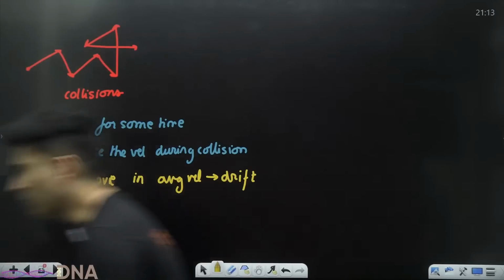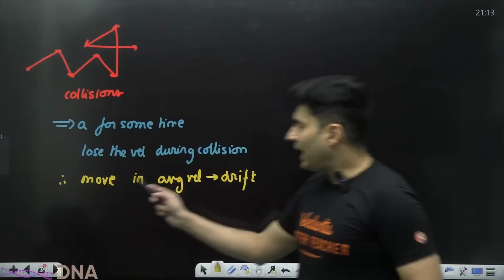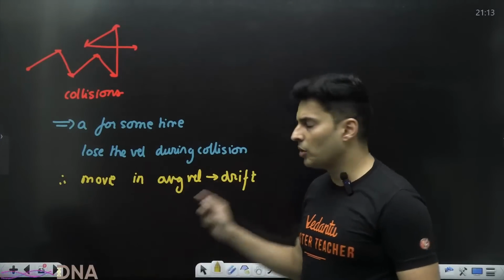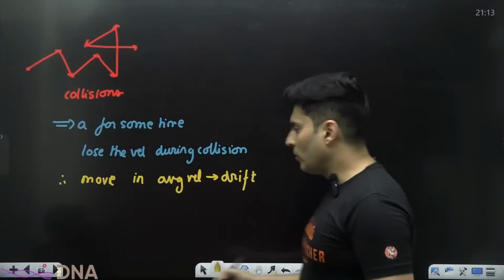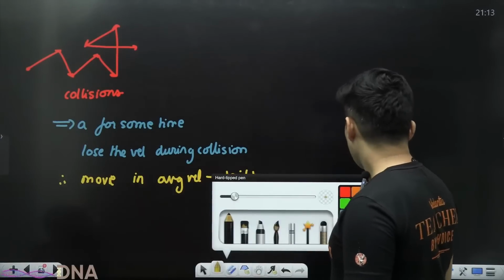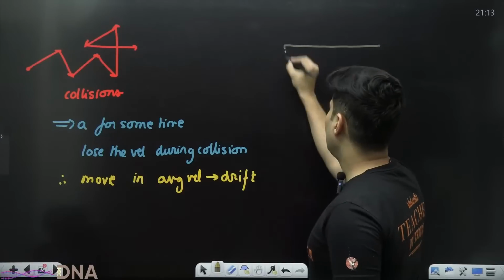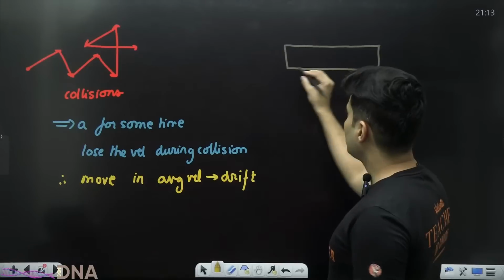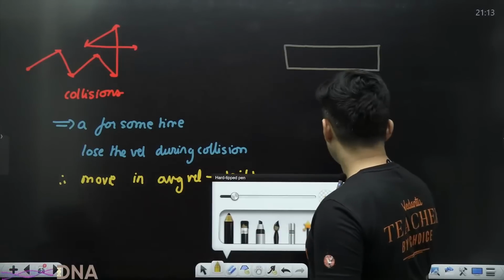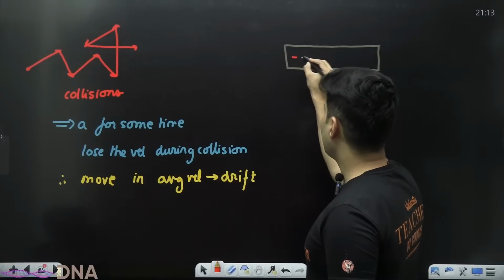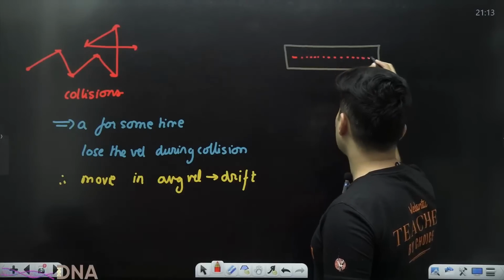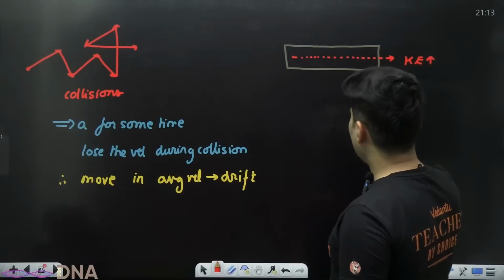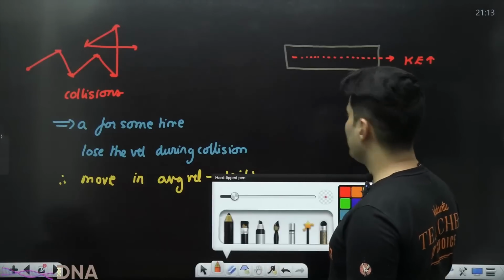Okay, so I had explained before that the electrons end up moving with an average velocity called the drift velocity. Imagine there is a conductor, and if there were no collisions, then what would happen? That particular electron, the charge carrier, would continuously accelerate and increase its kinetic energy. If kinetic energy is increasing, some other form of energy should decrease.